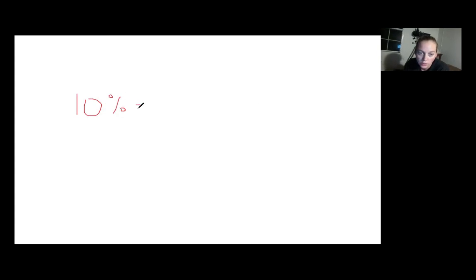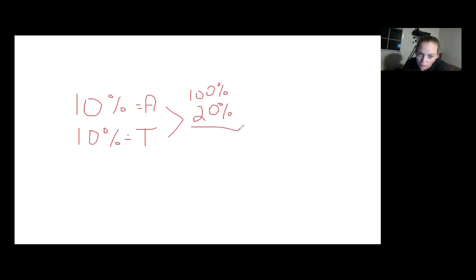So if we have 10% A, then that means we would also have about 10% T. And that's going to add up to give us 20% between these two. And if we have 20% between A and T, then that means that we have 100% max. So we have 80% of the DNA left between C and G if we subtract that.